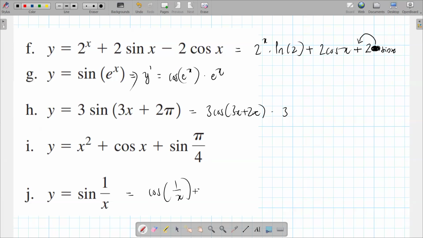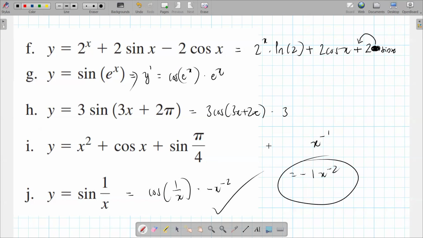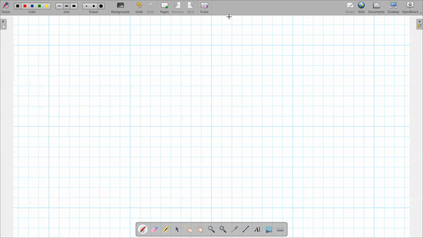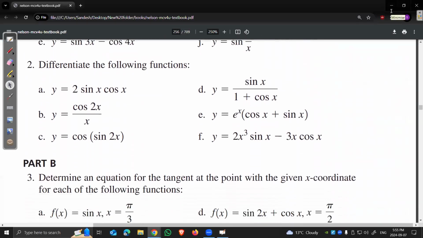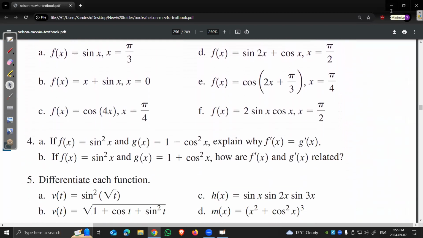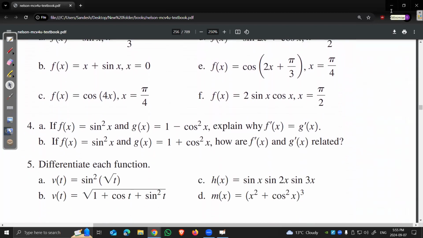Negative x to the power of negative 2. And that's perfect, yeah. Because that's the same thing as x to the negative 1, so you have negative 1 x to the negative 2. Done. That's it. Are these difficult? No. Not really, right?